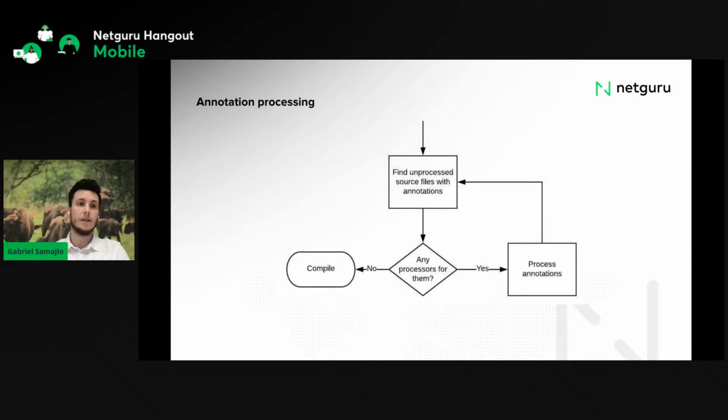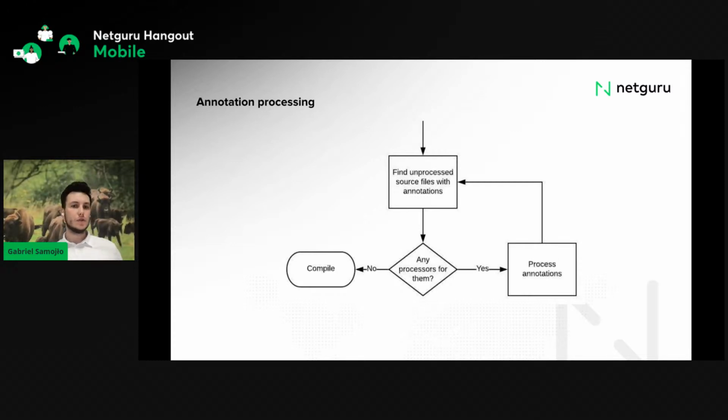And after that, it will perform another round of scanning. So as you see, it's something like a loop. We are looping through the files, we are processing them, and this process will end only when all files are processed by the annotation processor and then compiled.